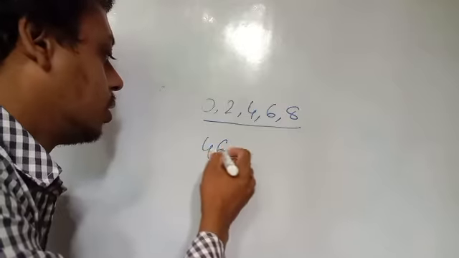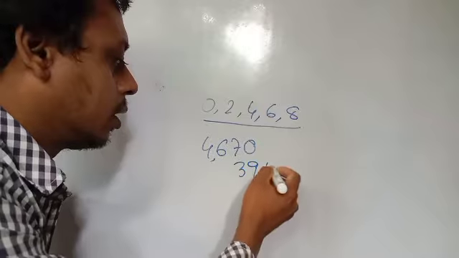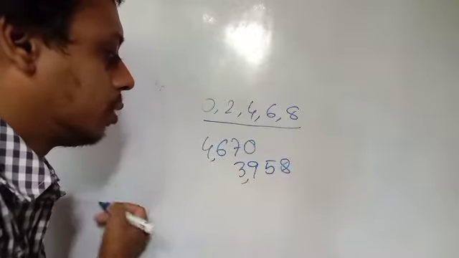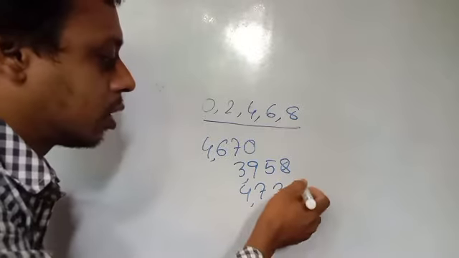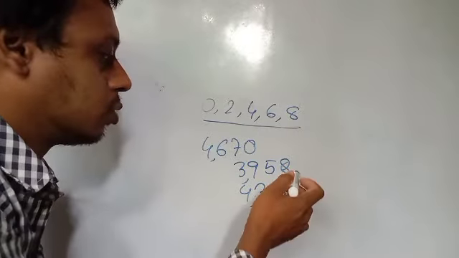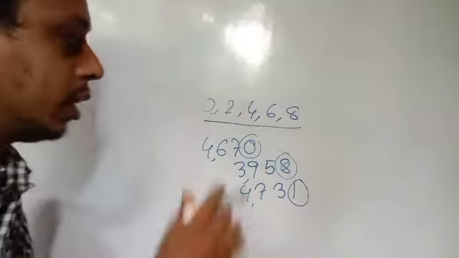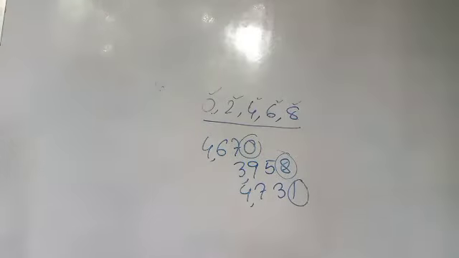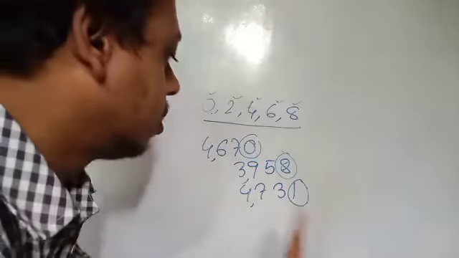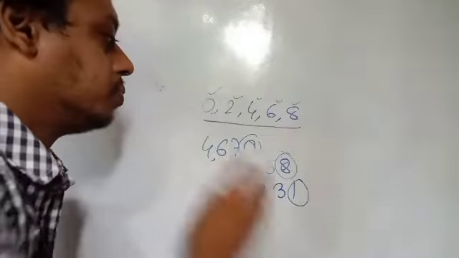Suppose 4670 is divisible by 2, 3958 also divisible by 2. 4731 is not divisible by 2 because in one's place there is 1. So if there is 0, 2, 4, 6 or 8 in one's place, then the number will be divisible by 2. Otherwise, the number will not be divisible by 2.